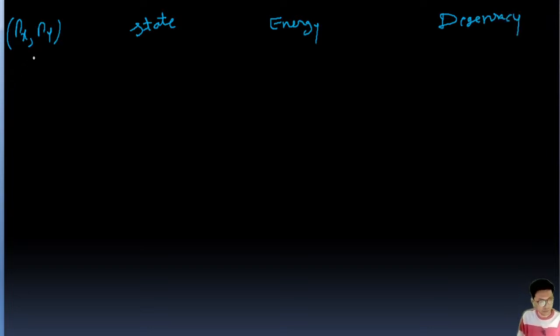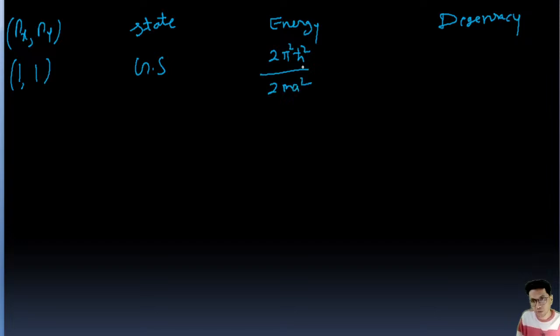Very important table, guys. For ground state, this is going to be 1 1, and the energy for ground state is 2 pi square h cut square upon 2ma square, and degeneracy is 1.